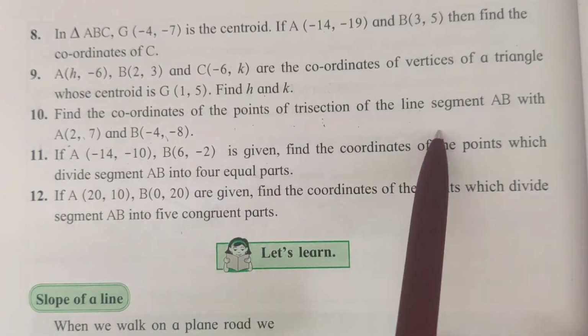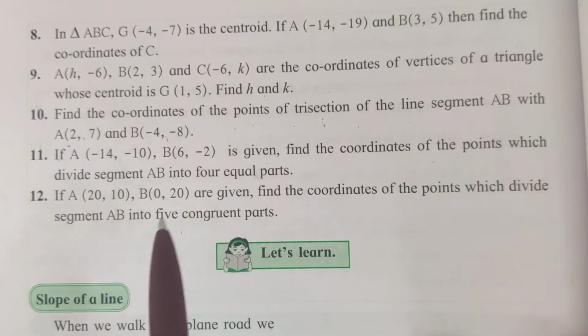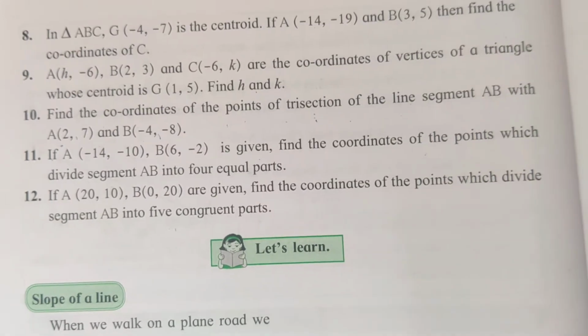That means the segment AB and its two end points A and B, their coordinates are given. This segment AB is divided into 4 equal parts. We have to find the coordinates of the points which divide the segment AB into 4 equal parts. So we'll see this explanation with the help of a diagram.